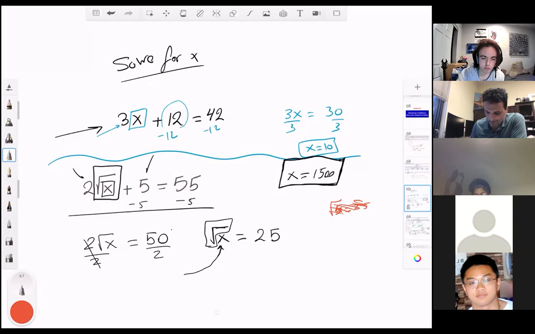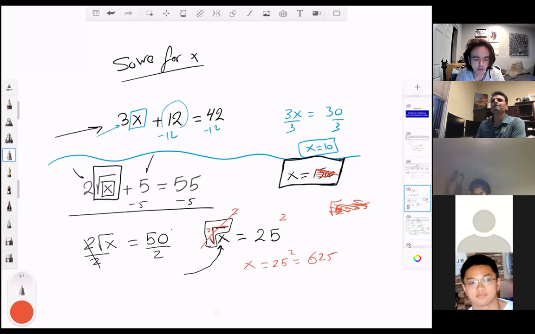In order to get rid of the radical here, there is an invisible 2, it's a square root. So we have to square both sides. Now the square and radical will go away. We have x equal to 25 squared, which is 625. For 1500, I got rid of the radical immediately.